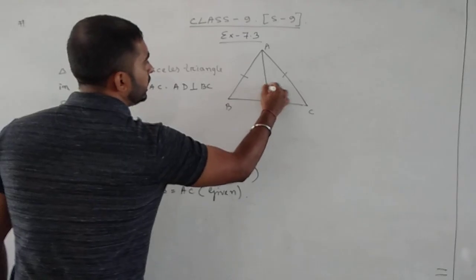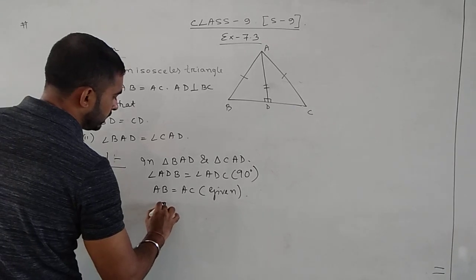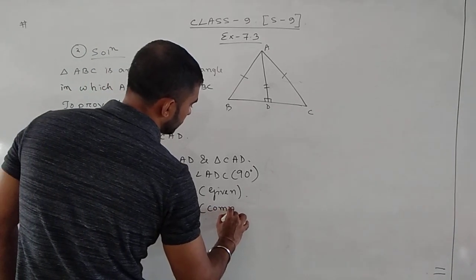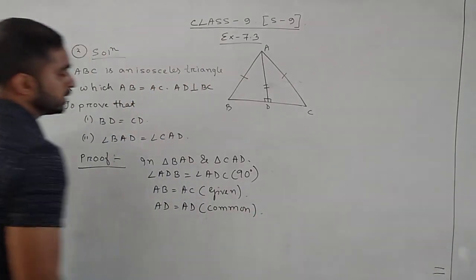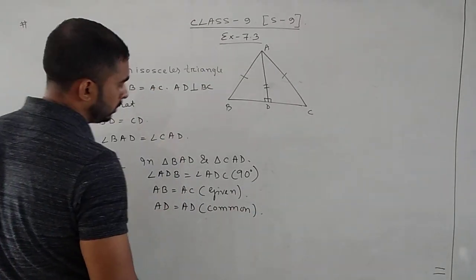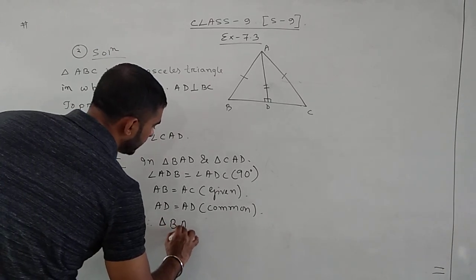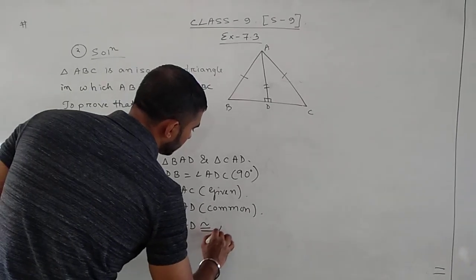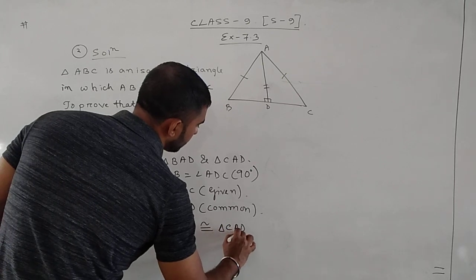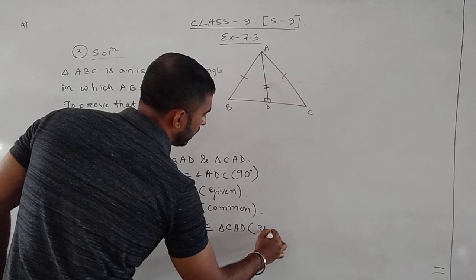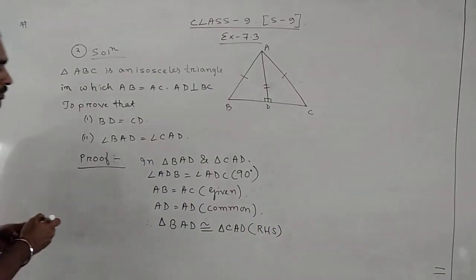And then AD equal to AD, common side. Therefore, triangle BAD congruent triangle CAD by right angle, hypotenuse, side, RHS.